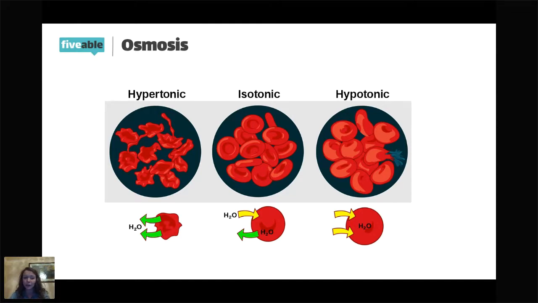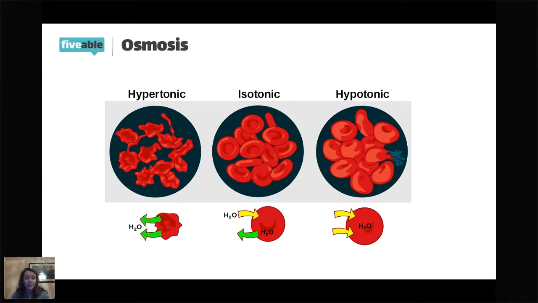You don't have very much water in your blood. Your cells can actually start to shrink because the water, which is in a higher concentration within the cell, will start to leave the cell. And you can see this shriveling here, and we call that hypertonic. So I always think if you're hyper, you run outside. So water is running out of the cell from high to low concentration into the rest of your bloodstream, like your plasma. And you can see those cells shrinking up.